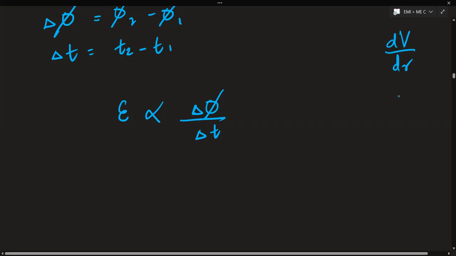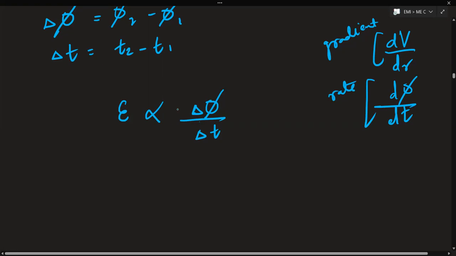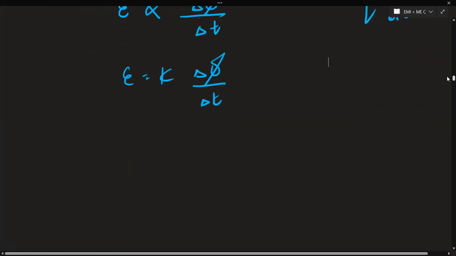And when anything gets divided by time, we call it a rate. So it's directly proportional to the rate of change of magnetic flux. Let's say a constant K is there. In the SI system that we follow, K is given as 1.